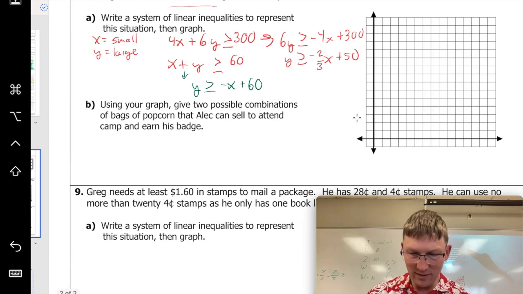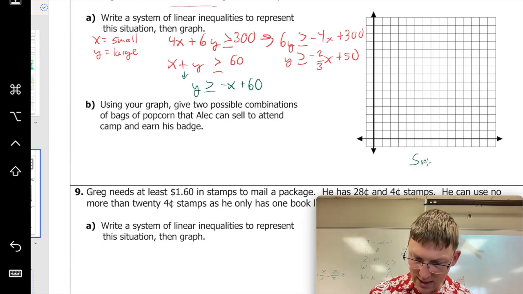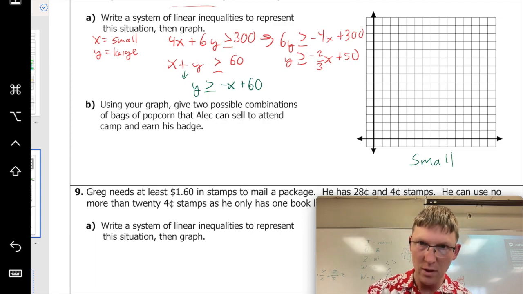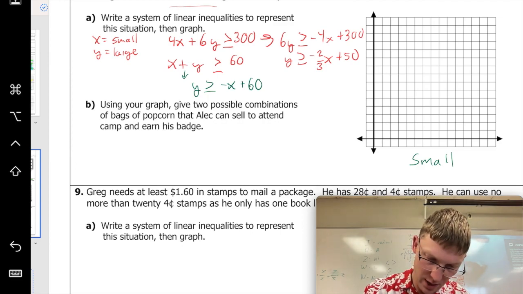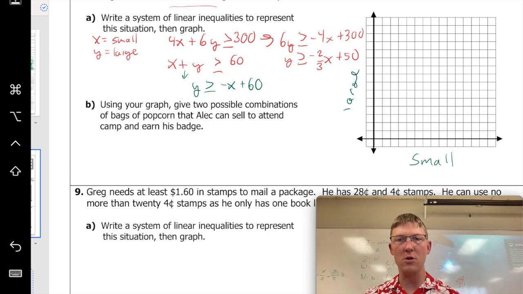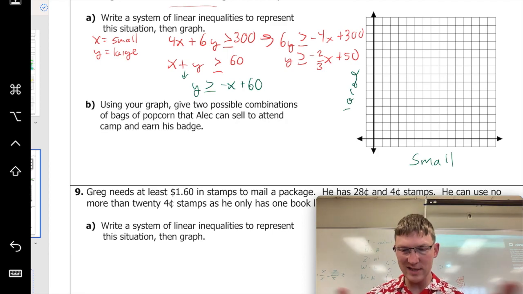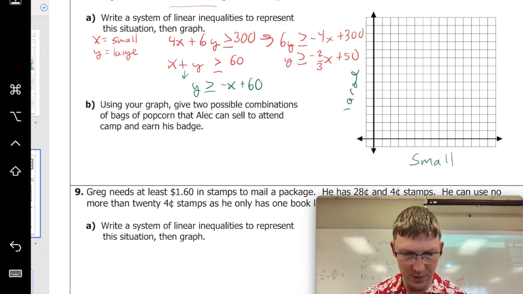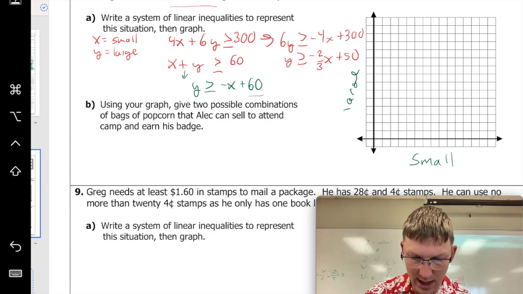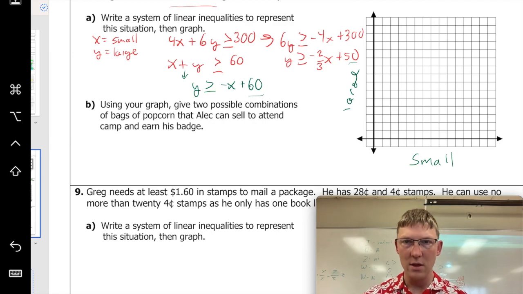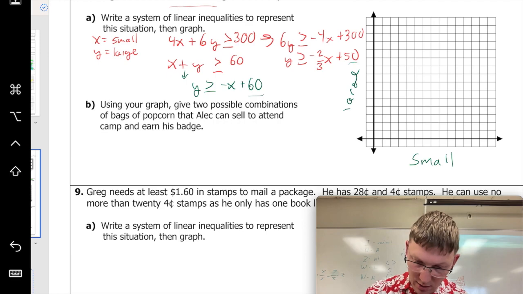So we're going to label our x-axis as small, and then our y-axis as large. I know my handwriting's great. And we get to set our scale, that's what we count by. We need to have like 60 on our y-axis and 50, so we could do by 5s, which means every other one's going to be 10.